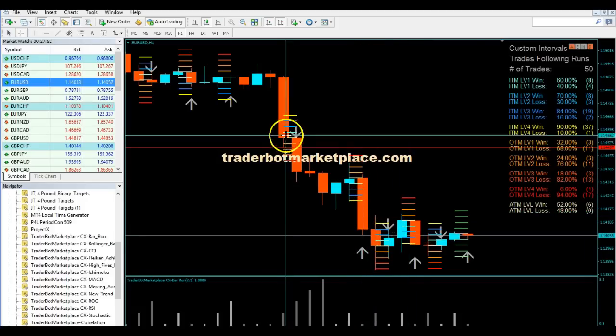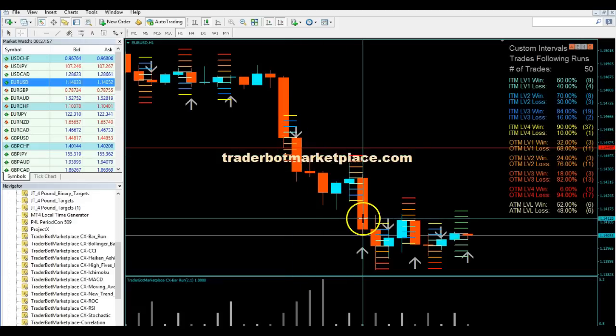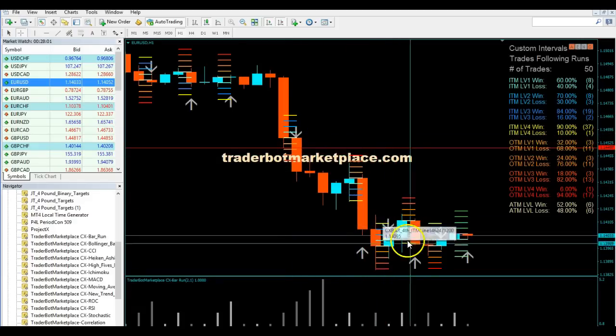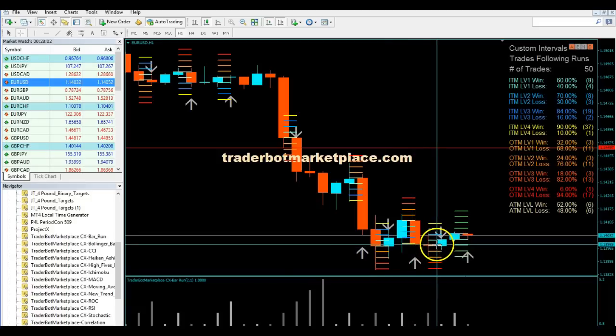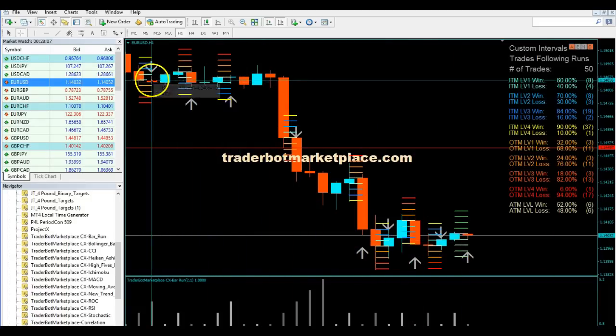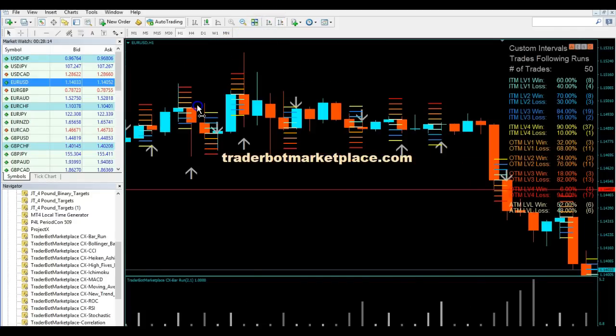There's one. This one expired profitable. This one was a loss. This one expired profitable, expired below here. This one is a loss. This one expired profitable, expired profitable. All these expired profitable. Now, whether you can get a price 12 pips out, I don't know.